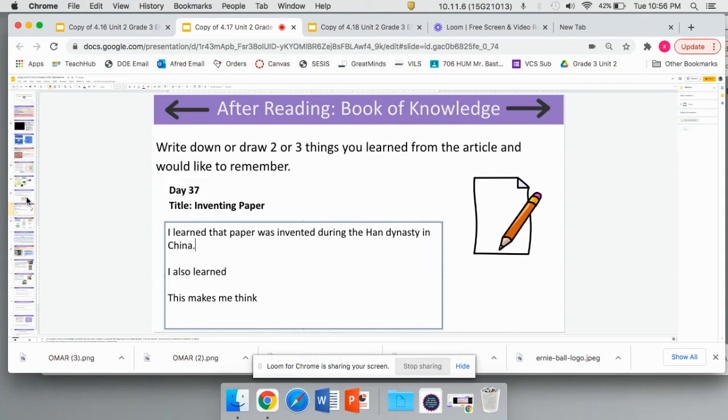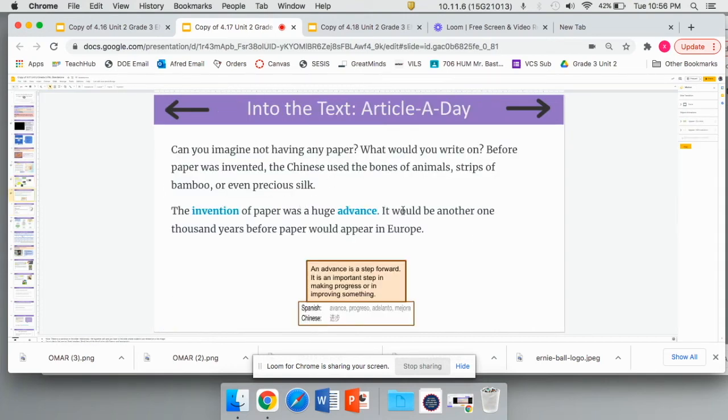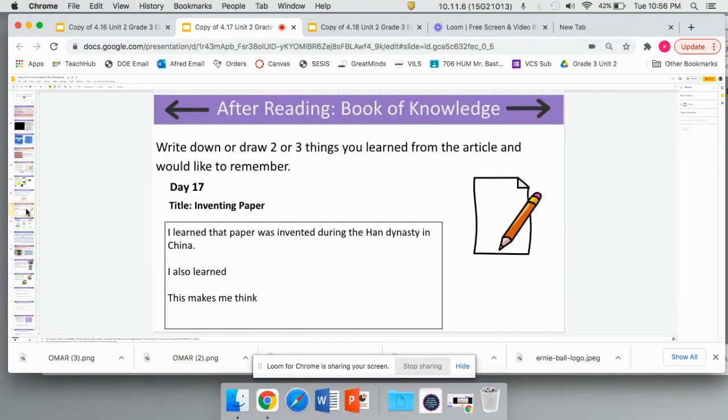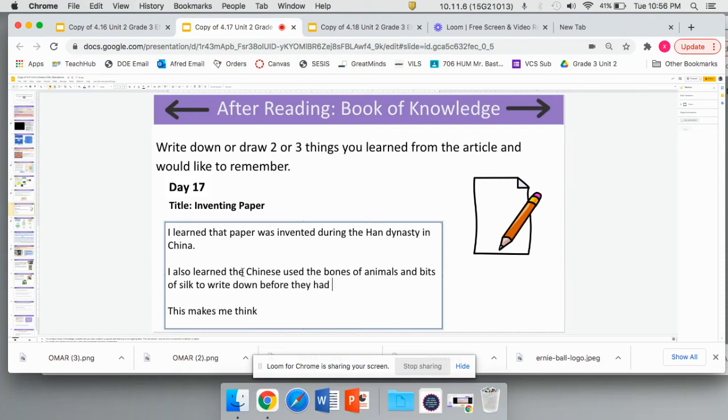Another thing that I found really interesting from the article was what paper was made of before. So Chinese used the bones of animals, strips of bamboo, and even precious silk to write on. So I'm going to say Chinese used the bones of animals and strips of bamboo to write on before they had paper.